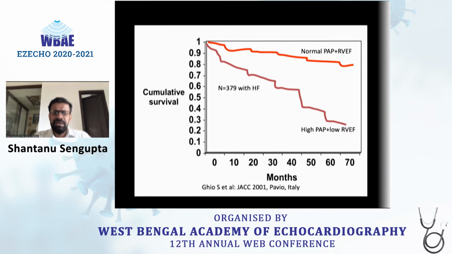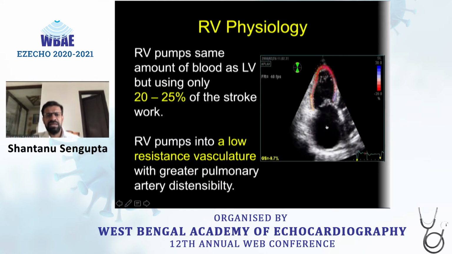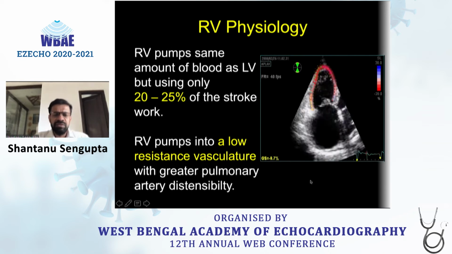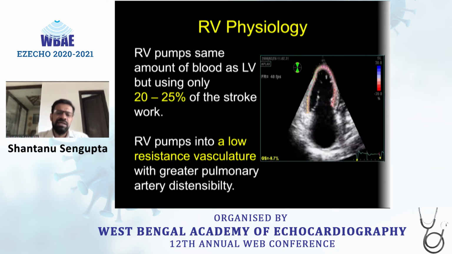The various ways the RV assessment can be done start with looking at the RV physiology. The RV pumps the same amount of blood as the LV, but using only 20-25% of the stroke work. And the RV pumps into a low vascular resistance structure with greater pulmonary arterial distensibility.